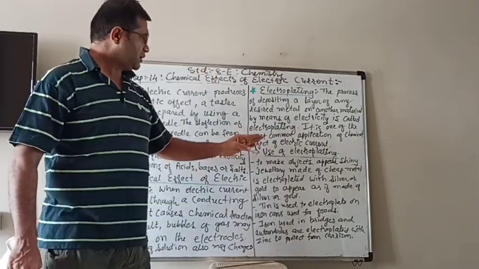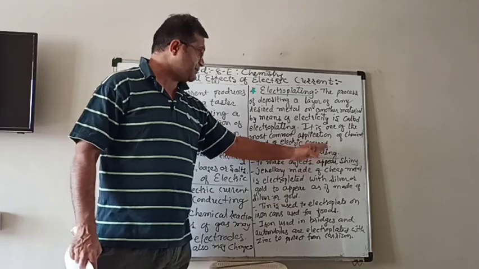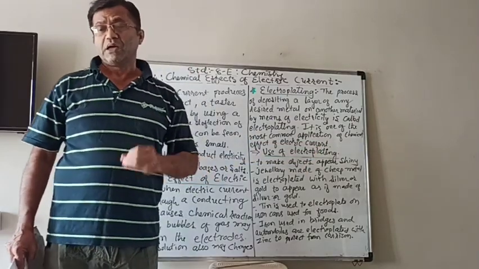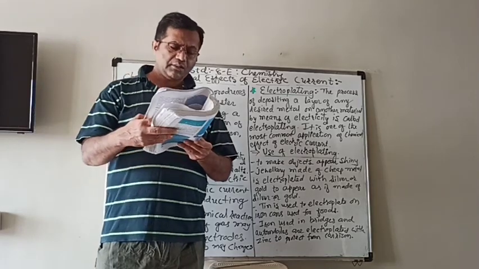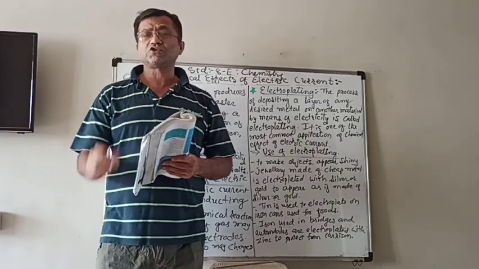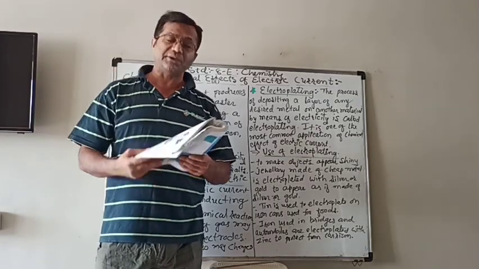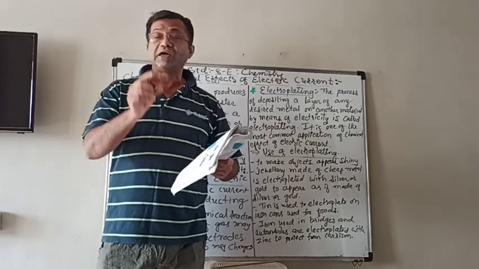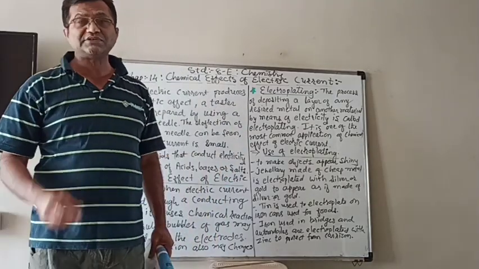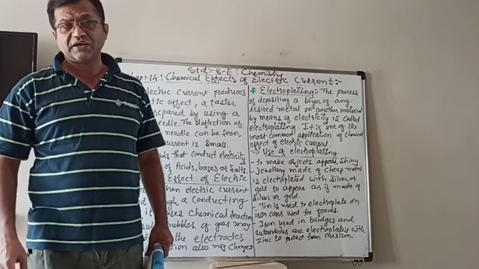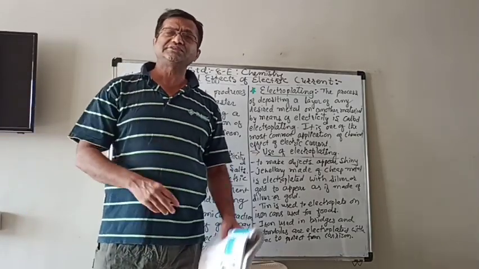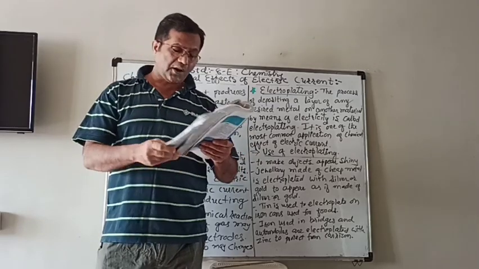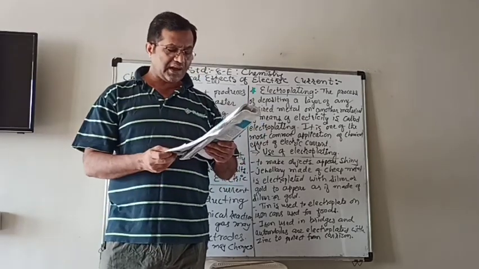Generally, to make objects appear shiny. For example, a material like chromium. Chromium is a very shiny material and it also does not get corroded, meaning it does not get rusted. Therefore on some materials we make a layer of chromium.